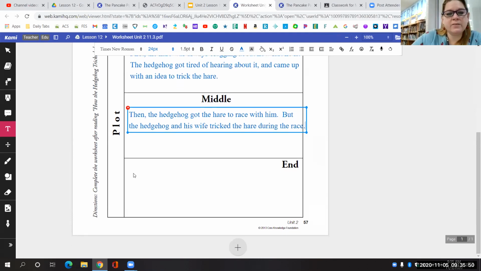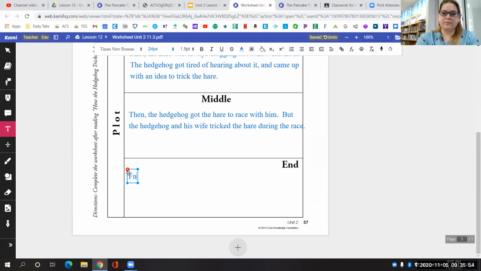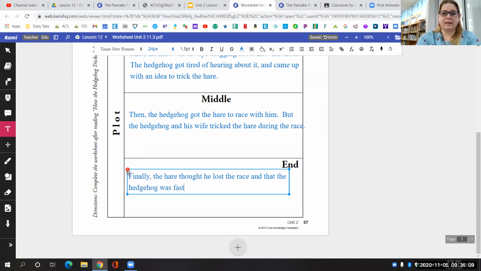And in the end of the story, what happened? Finally, the hare thought he lost the race and that the hedgehog was faster than him.